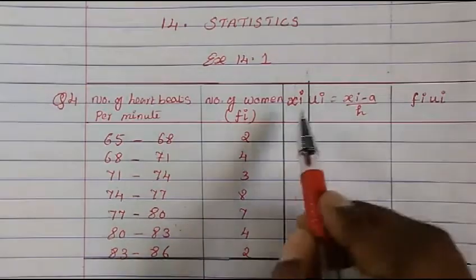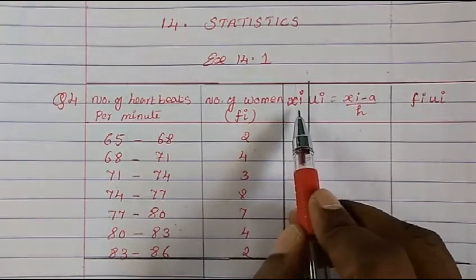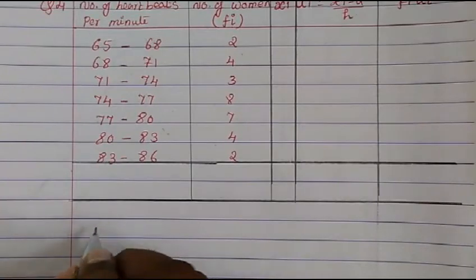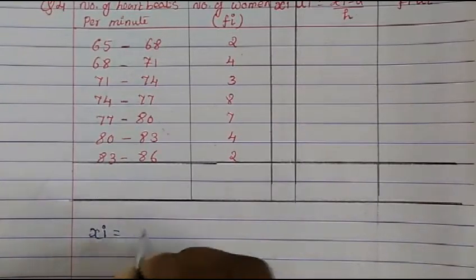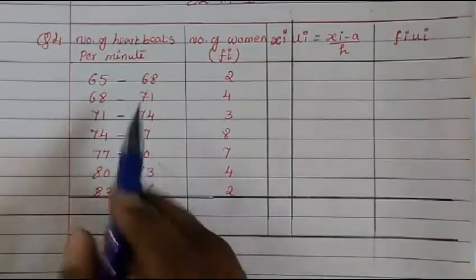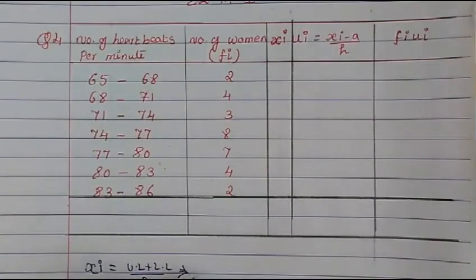I have copied it down. So now we have to find out Xi, that is the class mark. I told you how to find out Xi. Xi is the upper limit plus lower limit divided by 2. So this is called the upper limit, this is called the lower limit.